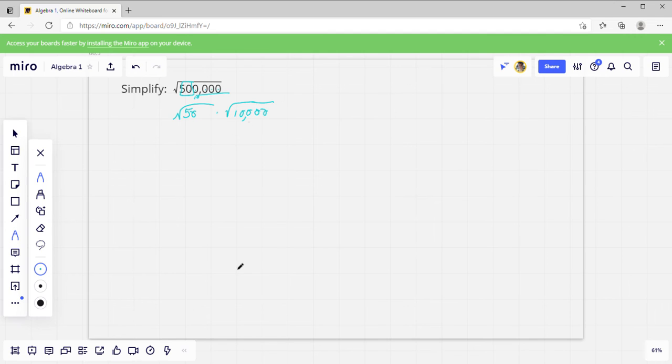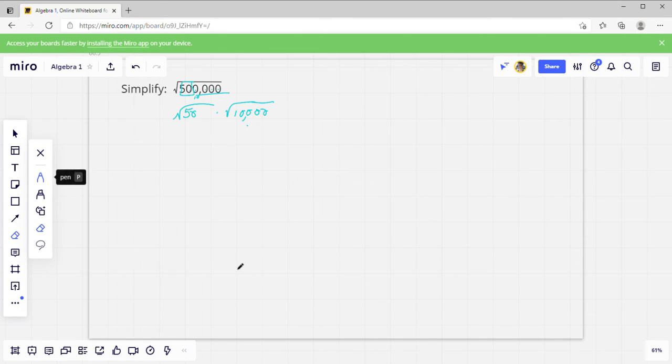All right, now when we pull this one out, we have 4 zeros, so we're going to cut it in half. We'll have 2 zeros, so the square root of 10,000 is 100. We did that, 100 times 100. See, 10,000. All right.